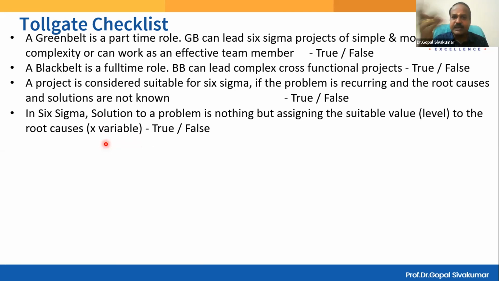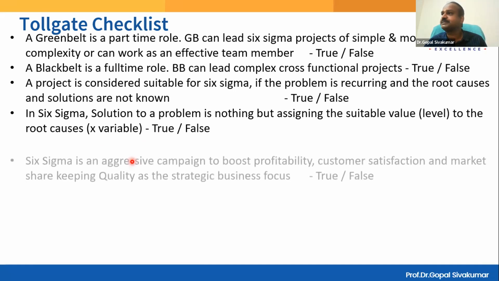Any one of the three can be a solution to the problem. Right? So, assigning a suitable value to one of the X factors is known as the treatment. The treatment is otherwise called the solution. So, solution simply means we are changing one or a few of the X. That is called optimizing the X.